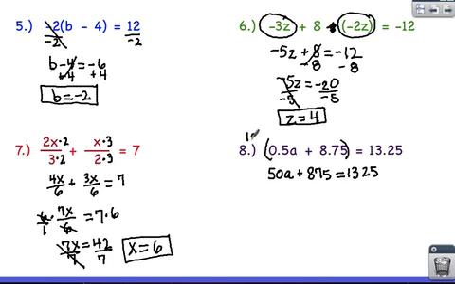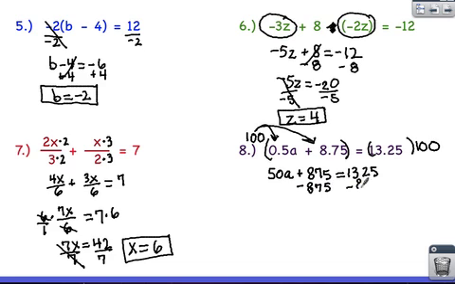Essentially, we're multiplying both sides by 100 because in an equation, we're allowed to do whatever we want as long as we do it to both sides of the equal sign. Now, I don't have to worry about the decimal points anymore, which is kind of nice.